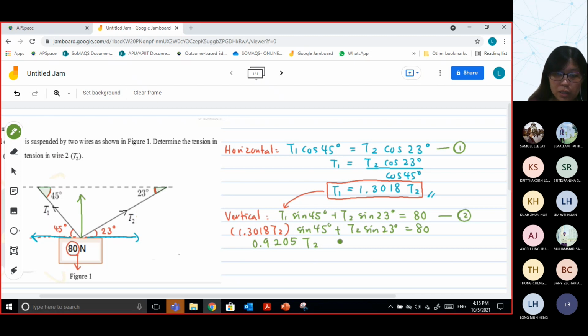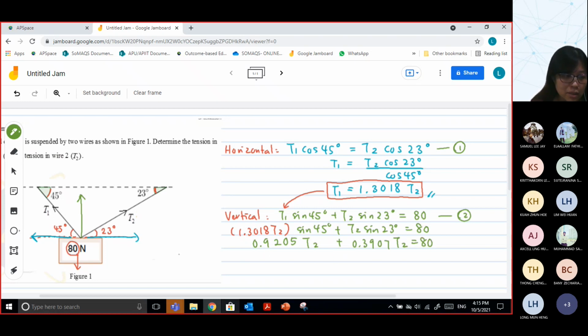So 0.9205 T2 plus sine 23, which is 0.3907 T2, equals 80.